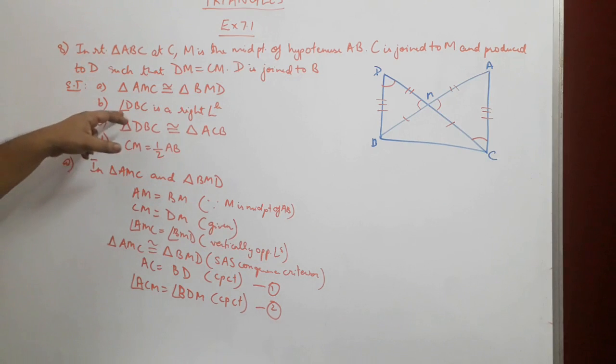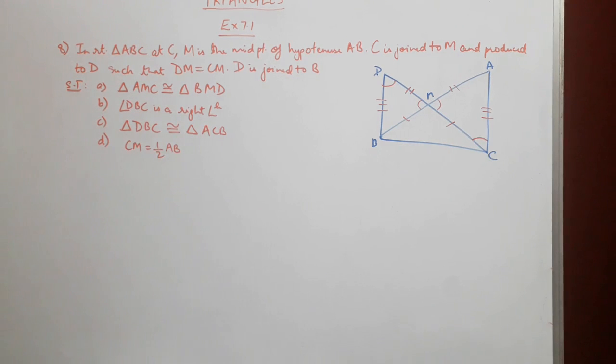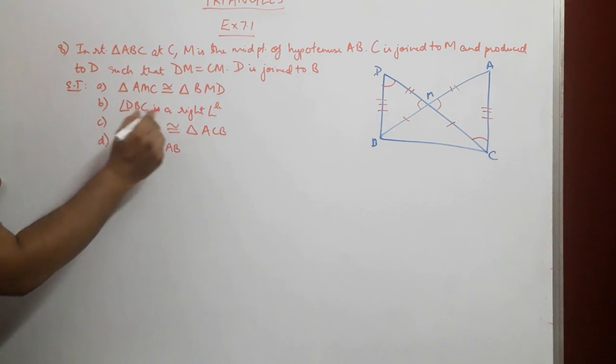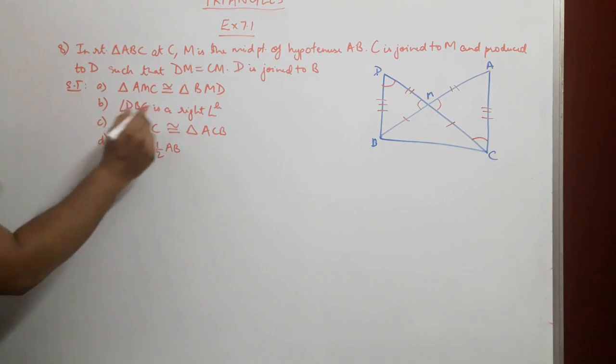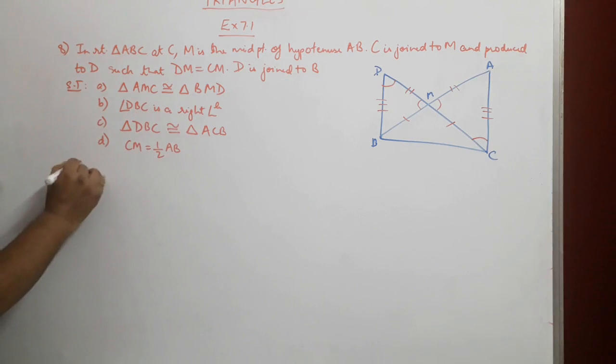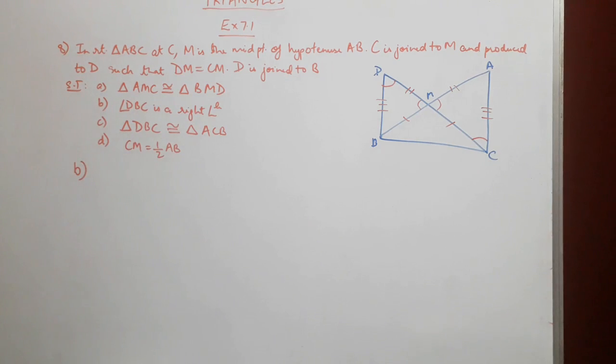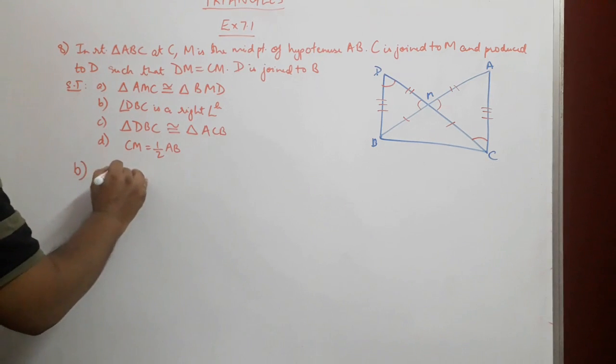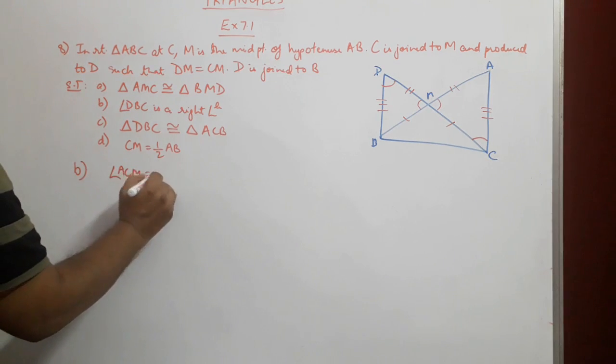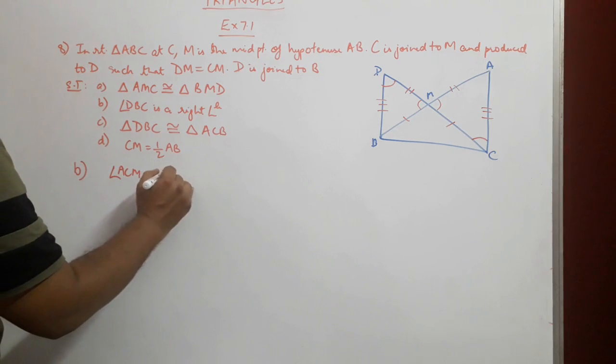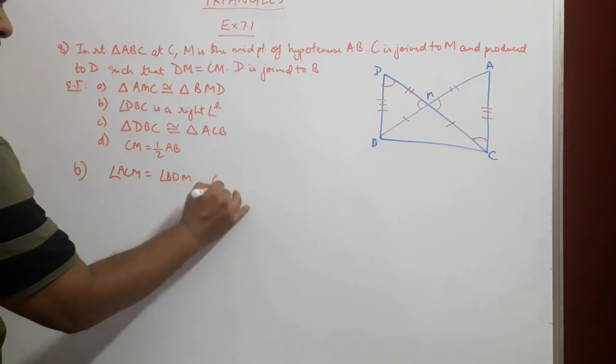Let's go to the next part and try to prove angle DBC is a right angle. Now we are proving the second part, that is, angle DBC is equal to 90 degrees. So we start with what we have got as our CPCT, that is angle ACM is equal to angle BDM from 2.